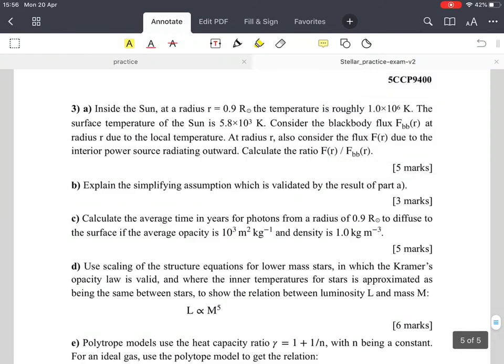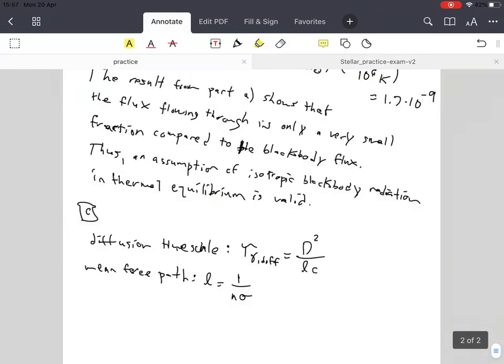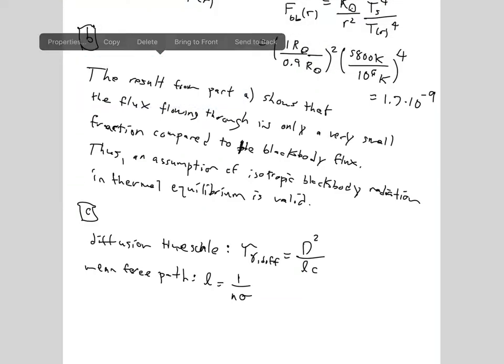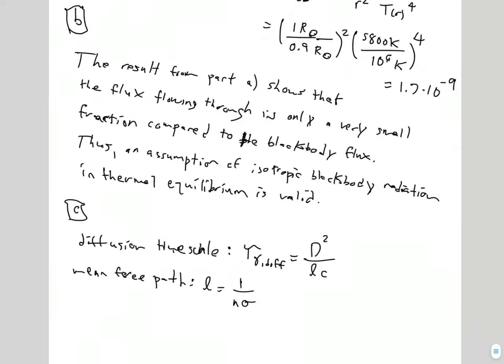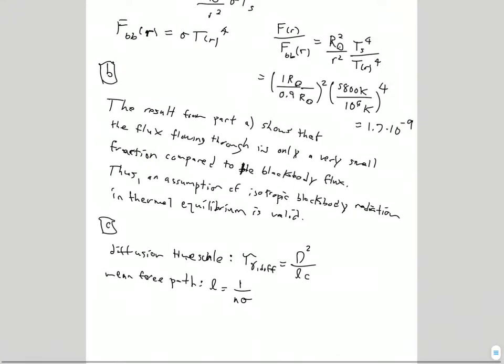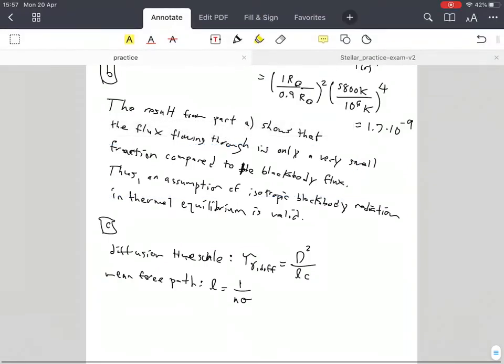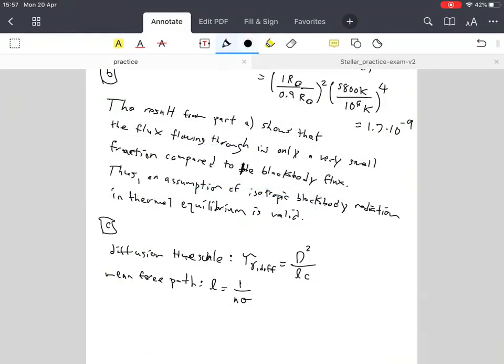Now, we don't know either of those, but what are we given? We are given a mass density, and we are given an opacity. So opacity kappa is related to these quantities. So we can look up what kappa is.